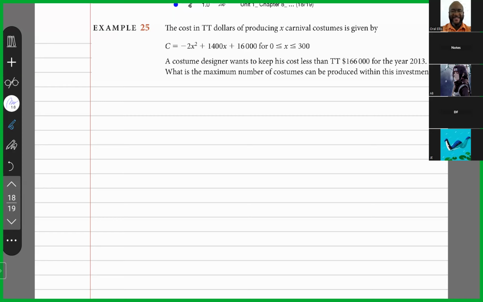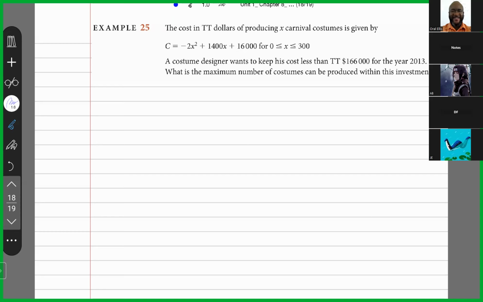What is the maximum number of costumes that can be produced within this investment? All right, so the amount of money that he has to spend must be less than or equal to 166,000.